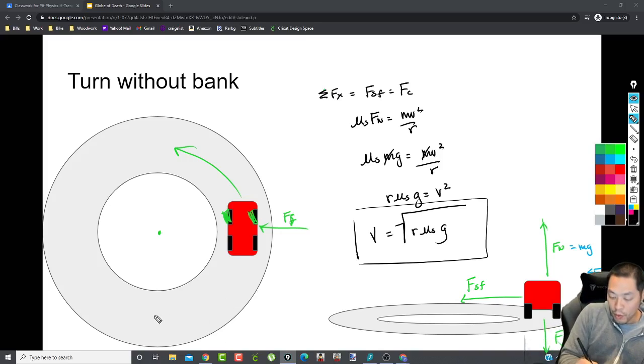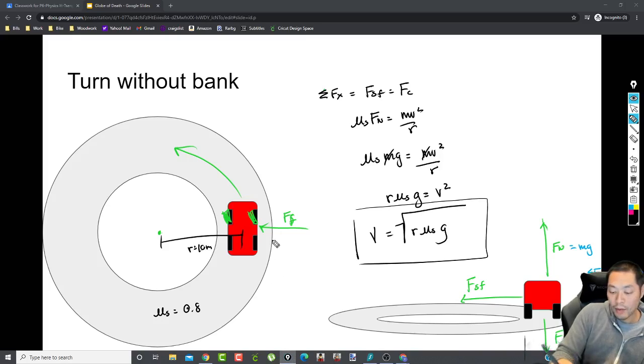The typical mu s for concrete and rubber is about 0.8. Let's say the radius here is 10 meters. So how fast can we make this turn? Well, you just plug it in.